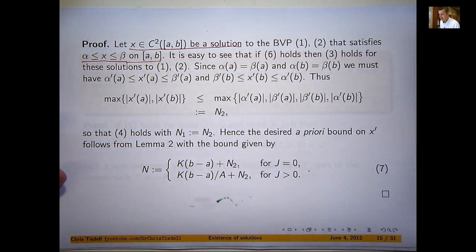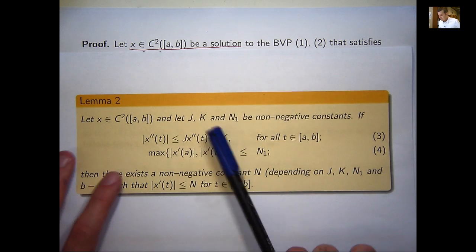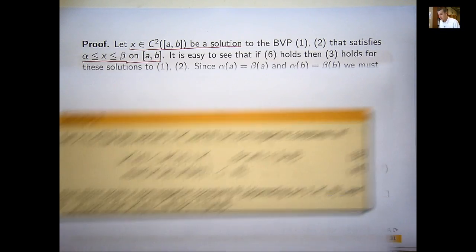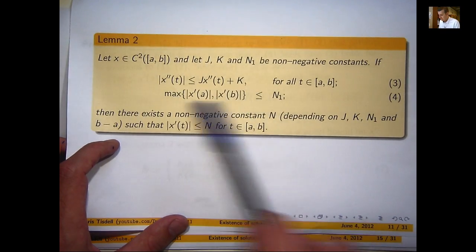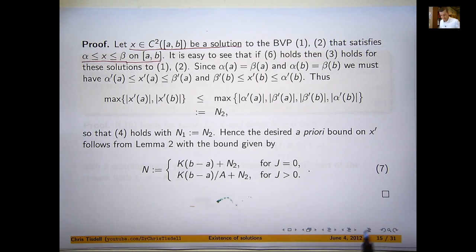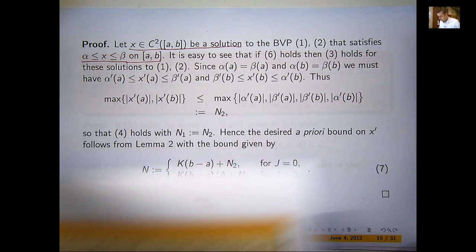If that's the case, then we can satisfy this inequality 3 of lemma 2. Now, the only other thing we need to have is this. Well, that's easy to satisfy as well.